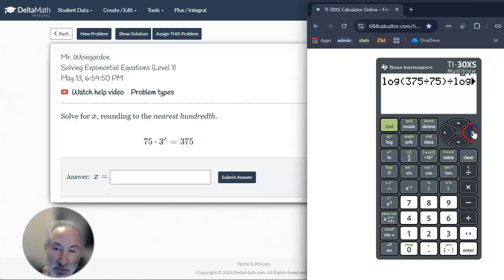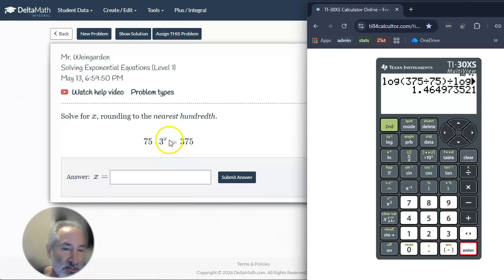And I have to do the closing parentheses after the 75, but not after the 375. It's really important. I'm just trying to do the log of 375 divided by 75, so those two things need to be in parentheses. Then divide by log of 3, and let's hit enter. We get 1.46, and the good news is we just had the x by itself, so that's all we've got to do.